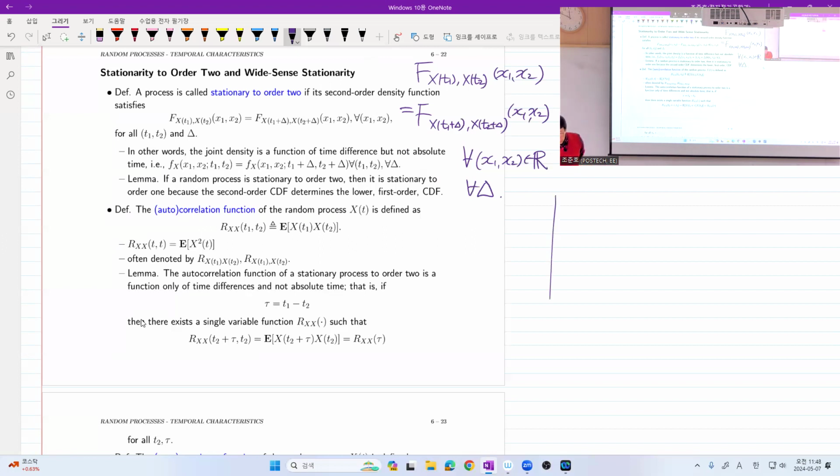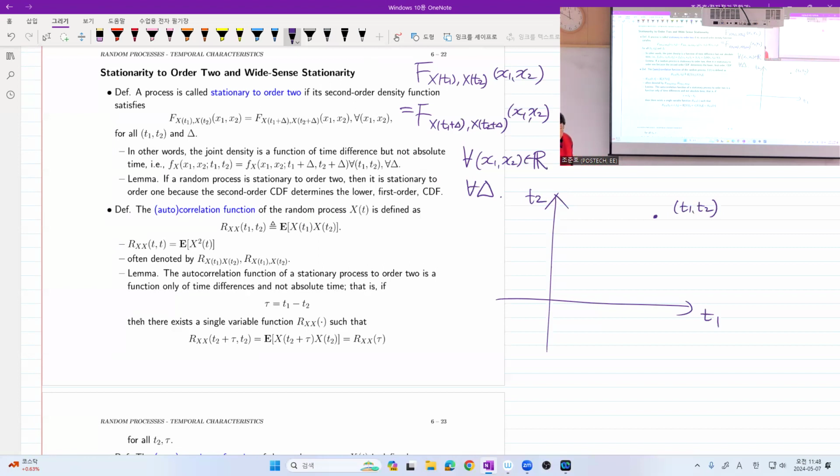So let me draw a two-dimensional plane. And this T1 and T2 is what? The two sampling instants. Now, each point on this two-dimensional plane gives you the pair of time instants, right?